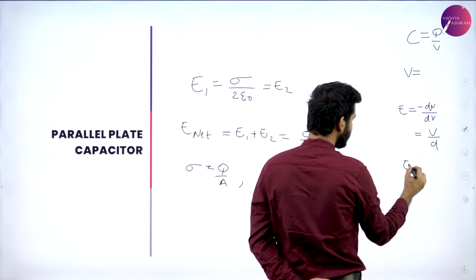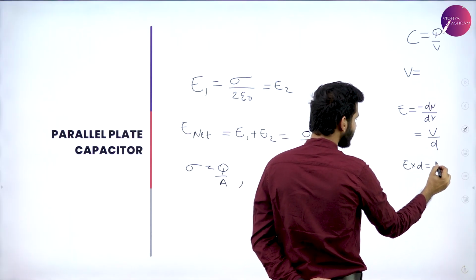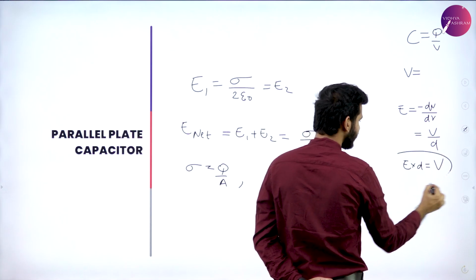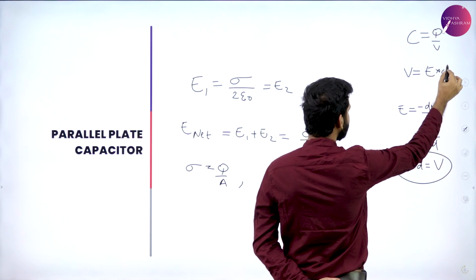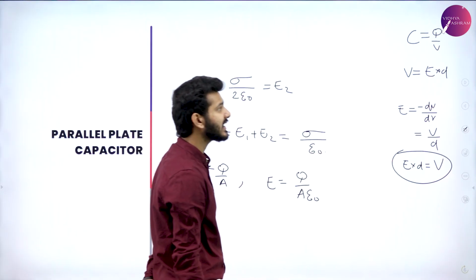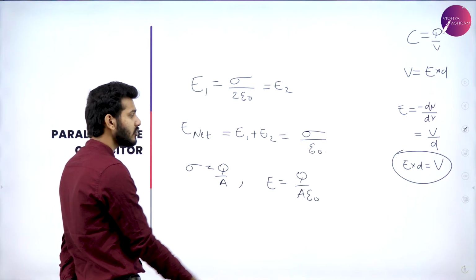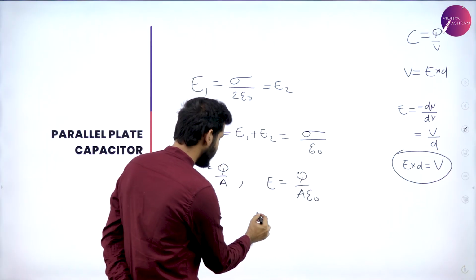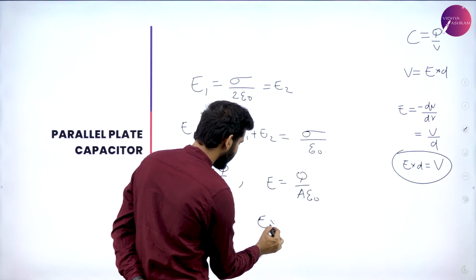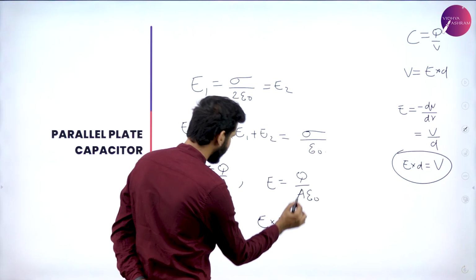So E into d will give us V. So this was used here and written here. So E into d. But we already found out what E was. E was equal to Q by A epsilon naught. We already found out that E into d was equal to V.